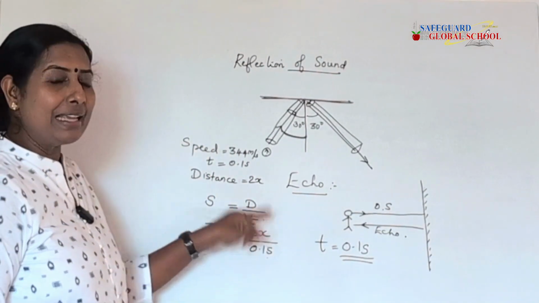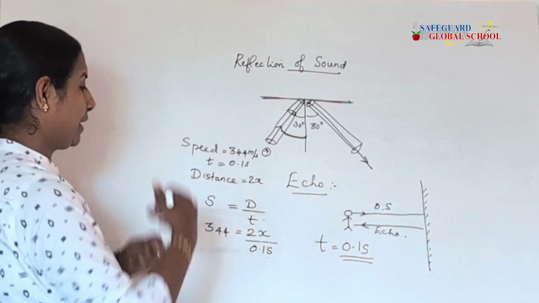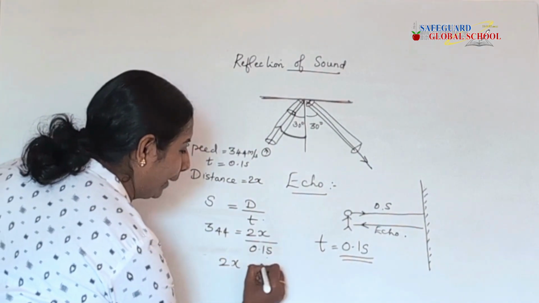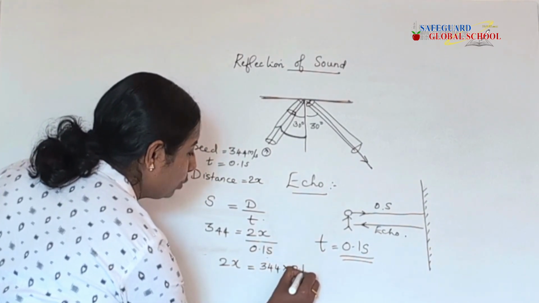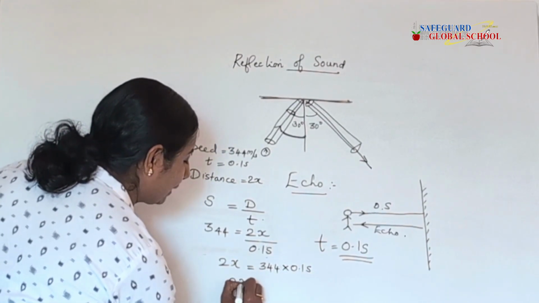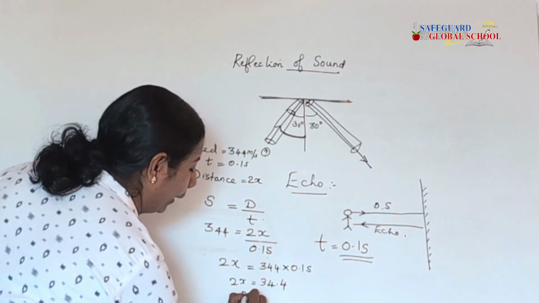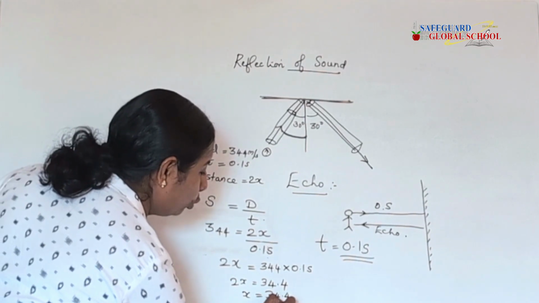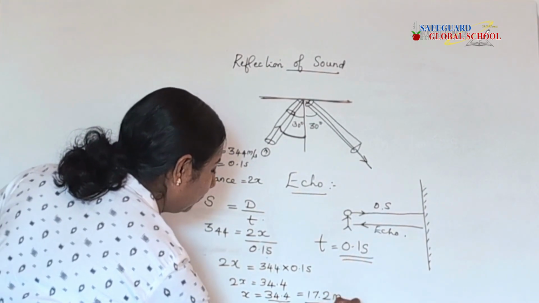Here what is x? x is the minimum distance between the source and the reflecting surface. So we can write that 2x is equal to 344 into 0.1 second. So 2x we will get as 34.4, or x is equal to 34.4 by 2, which is equal to 17.2 meter.